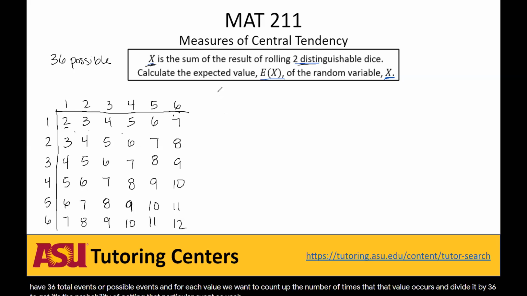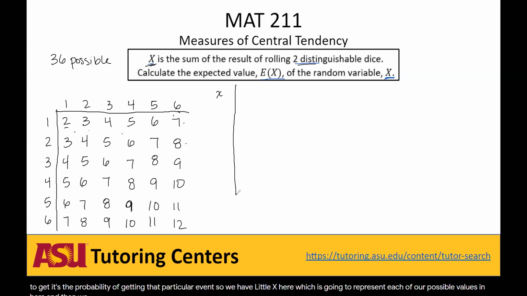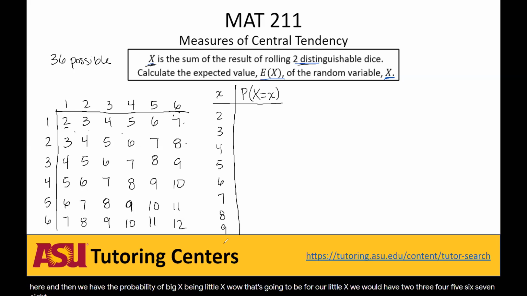So we have little x here, which is going to represent each of our possible values in here. And then we have the probability of big X being little x. For our little x, we would have 2, 3, 4, 5, 6, 7, 8, 9, 10, and 11.